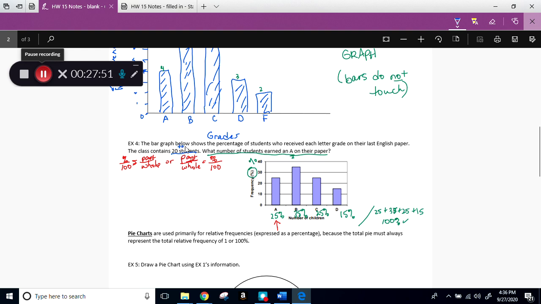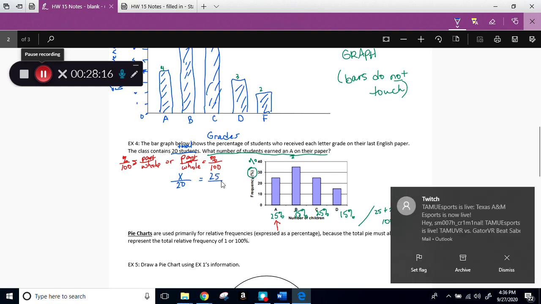That's the total or the whole. Do they tell us how many are part? No. Is a part. We don't know how many, we just know the percentage. We know the percentage by figuring out by looking at the graph. Here's my A's, was about 25%. So remember, I just put that as 25 over 100.